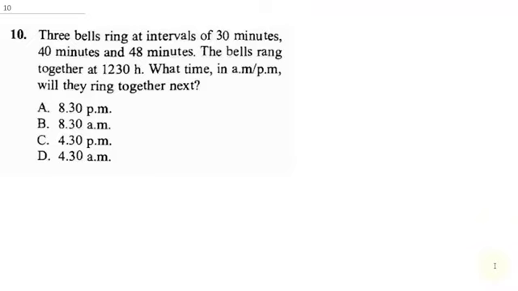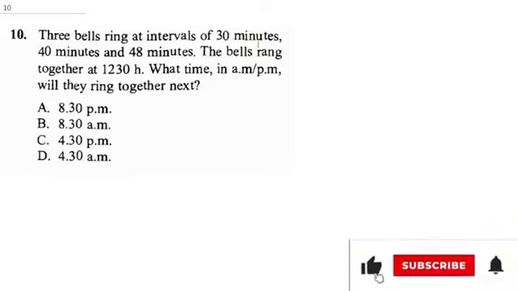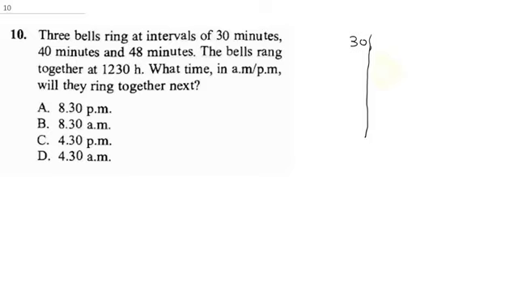Question 10 says 3 bells ring at intervals of 30 minutes, 40 minutes, and 48 minutes. The bells rang together at 12:30 hour. What time in AM/PM will they ring together next? Now the best way to solve this question is just to get the LCM of 30, 40, and 48.